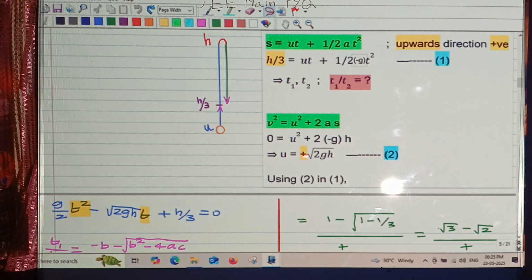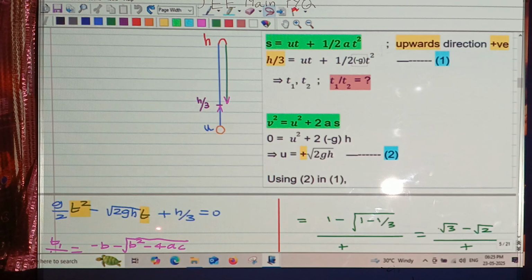From this I get u as square root of 2gh, and we take the positive sign because u is upwards. Using this value of u in the first equation, we get half g t square minus ut; taking it to the left side it becomes g by 2 t square minus ut, and u is root 2gh. This term h by 3 is already on the left side.